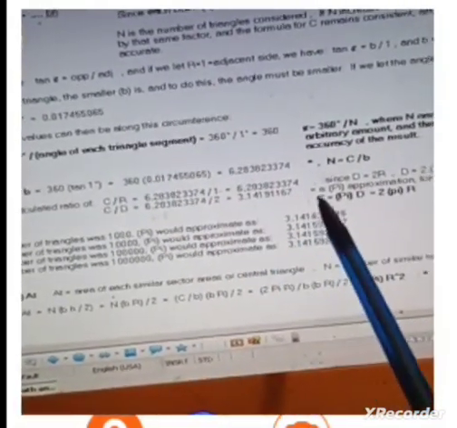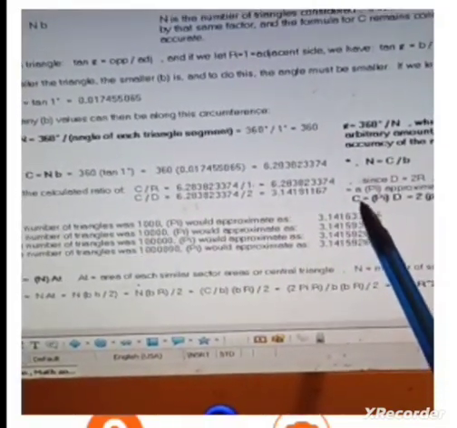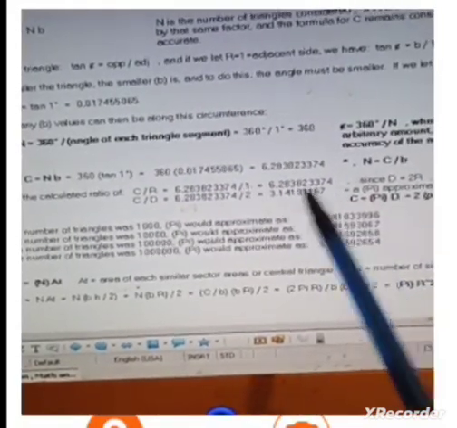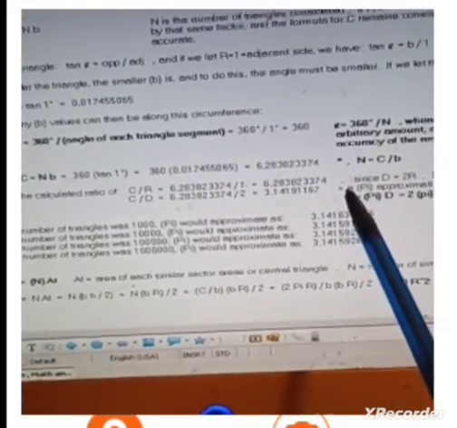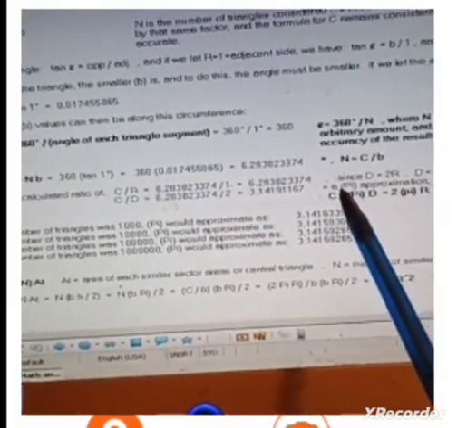So mathematically, that's pi. This is a pi value here, the ratio of the circumference to the diameter.